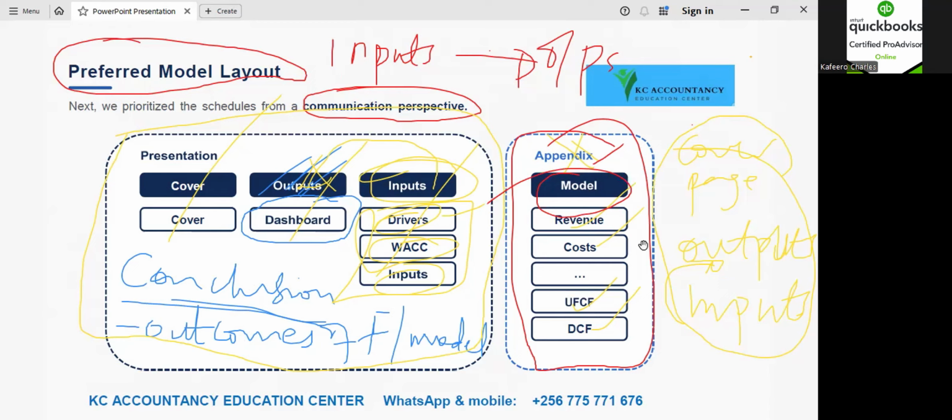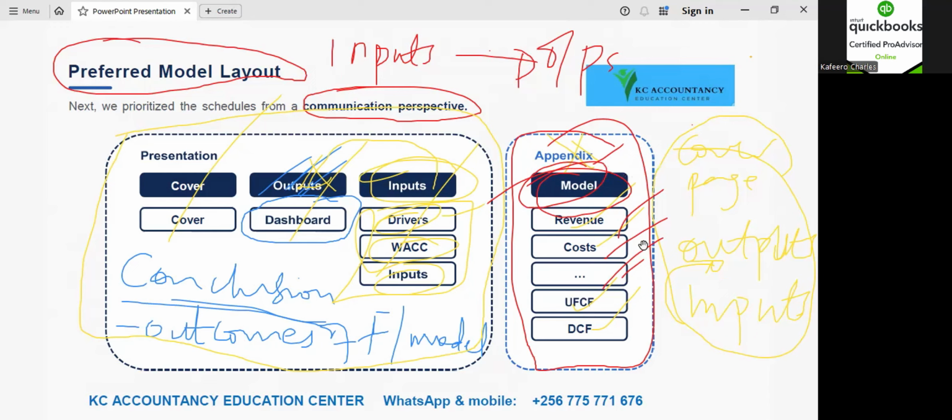Inside the model tab, we are going to have a large number of schedules that are going to be deriving all the calculations, starting from the revenue, the costs, the working capital, depreciation, asset schedule, income tax schedules, all those different items, they are going to be within the model.